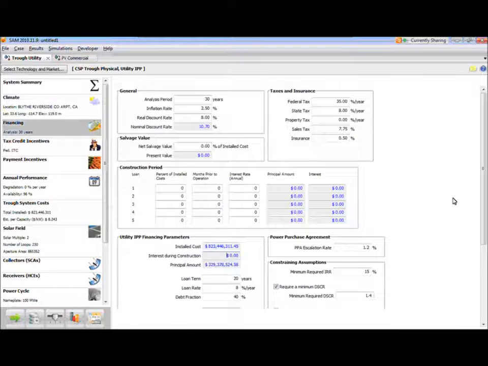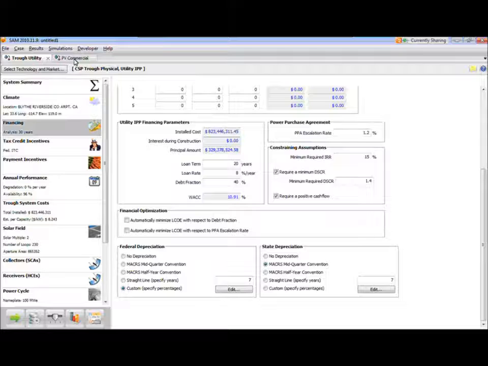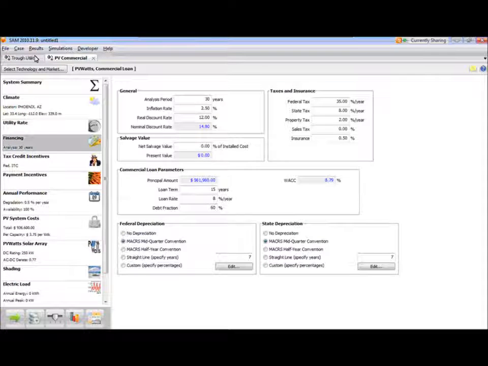The other group of variables that applies to both commercial and utility projects is federal depreciation, and SAM allows you to specify up to 4 different kinds of depreciation, and these are all depreciation schedules that are allowed for under U.S. tax code.